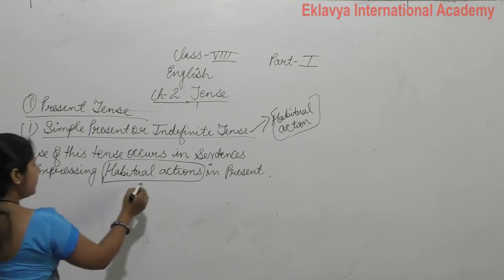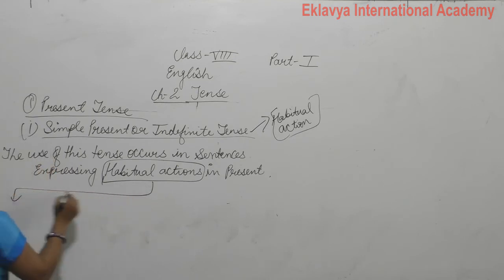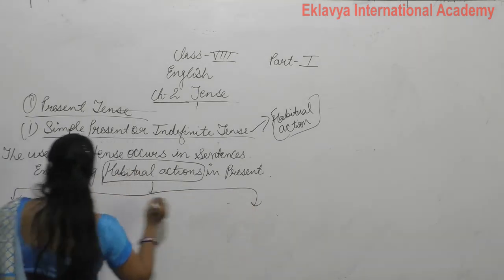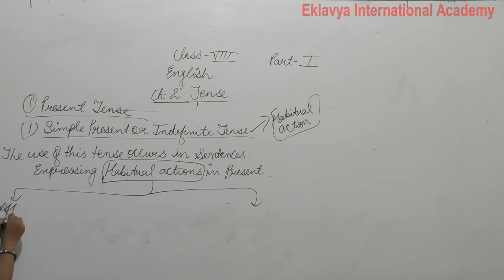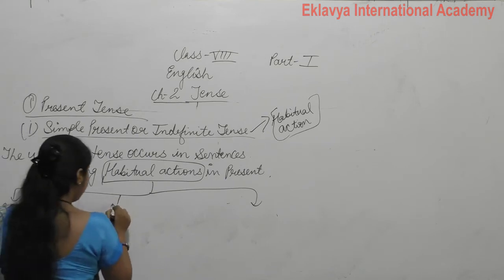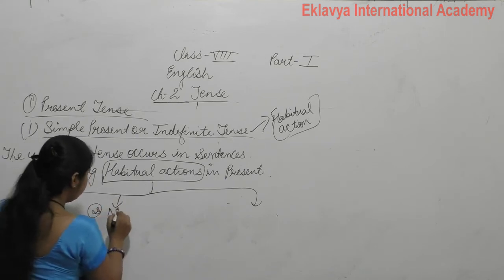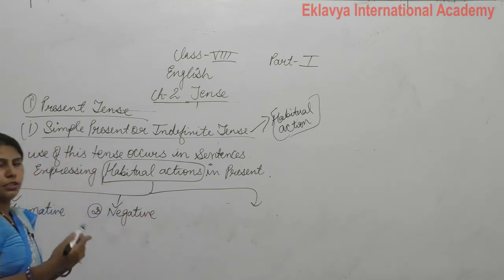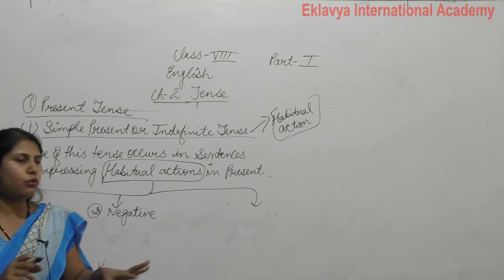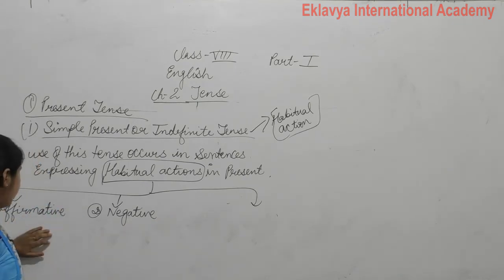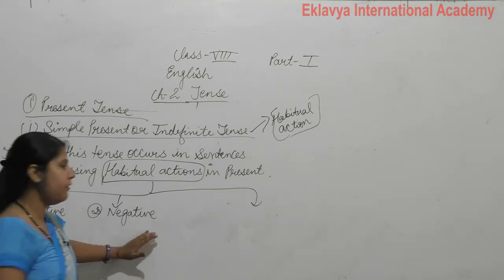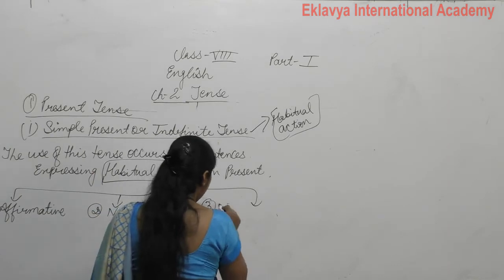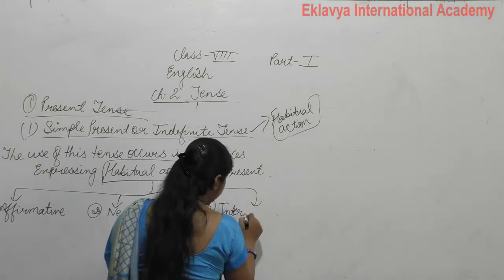Now, this is also divided into three parts. First, affirmative. Second is negative. Means we make a formation in three ways. First is affirmative, second is negative, and our third one is interrogative.